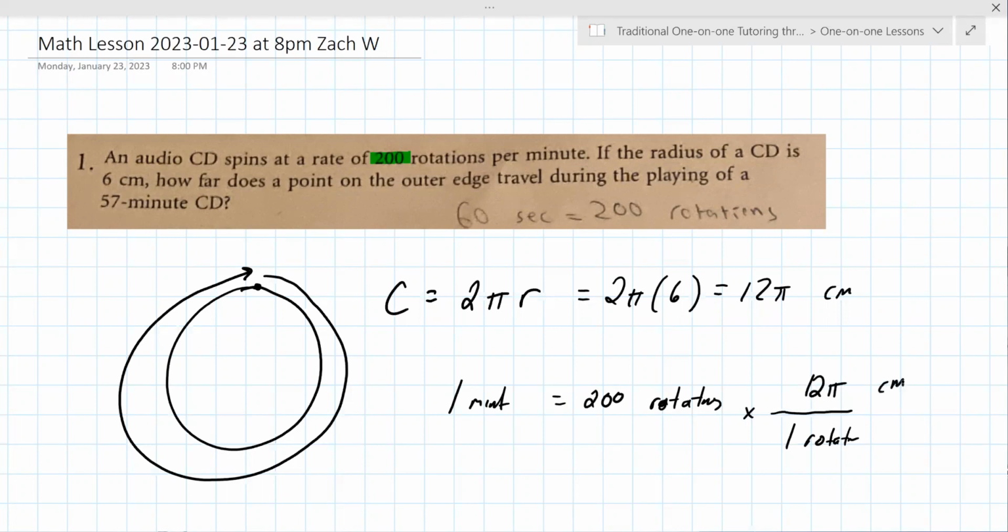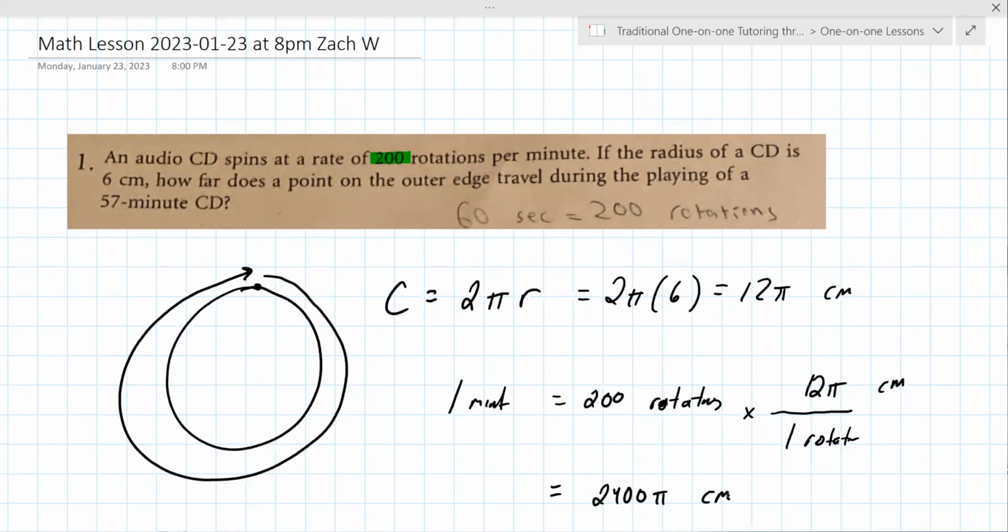So every rotation is 12 pi. Once, that's 12 pi. Twice, that's 24 pi, 36 pi, 48 pi, and so on. So in 1 minute, it goes around 200 times 12 pi, 2400 pi centimeters.